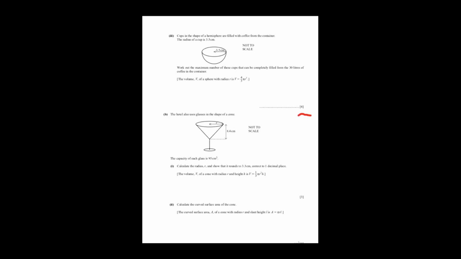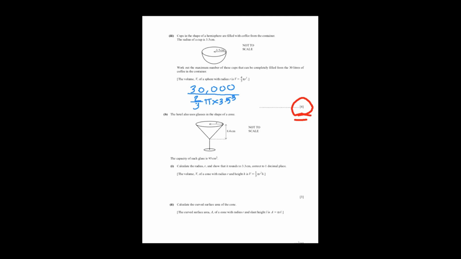You try to figure out the value. So the total volume of this coffee is 30,000, divided by the volume of this hemisphere, which is 2 by 3 pi r cube, with r as 3.5.